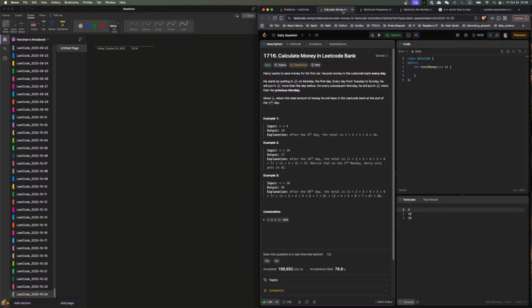So, wow, we can loop through everything. I wonder if there is a way to get this. So essentially, you have the number of weeks, right?